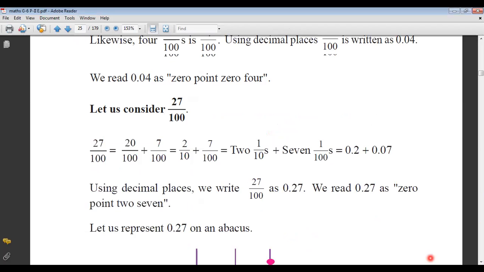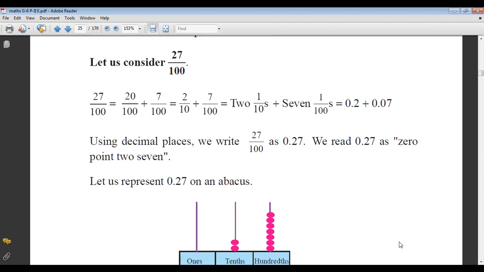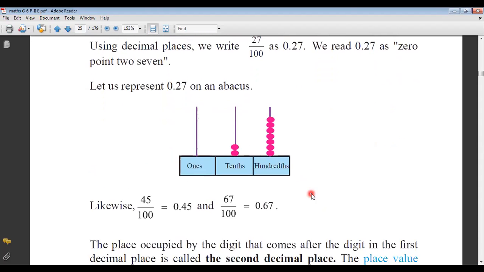Now, how are we going to read this? 0.27. Let us represent 0.27 on an abacus. You have studied the abacus.